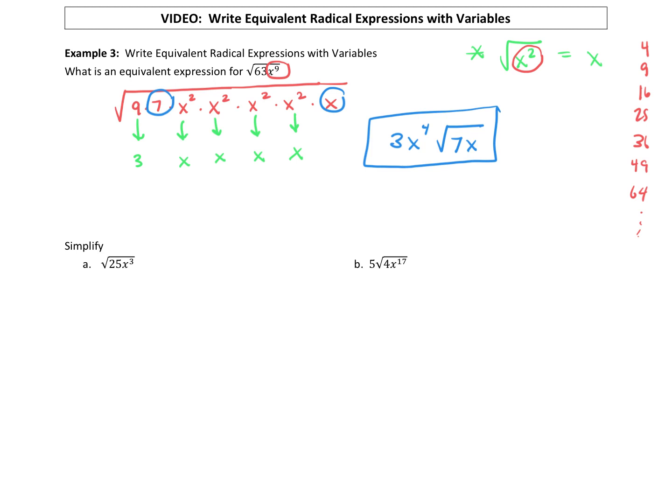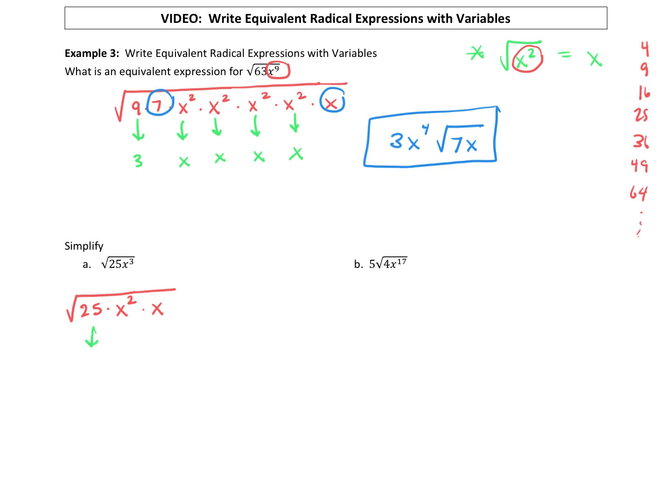All right, so the square root of 25x to the 3rd. Let's rewrite that. 25 is a perfect square. But x to the 3rd, we're going to rewrite with x squareds: x squared times x. There's our x to the 3rd broken down. So what can we square root?